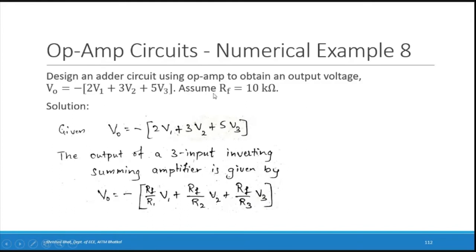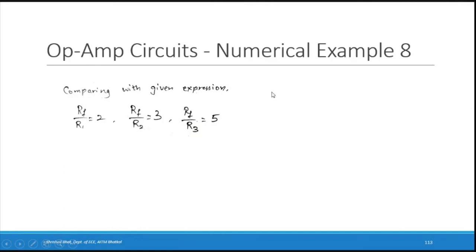What is given? You are asked to assume RF is equal to 10 kilo ohms. So if you put RF is equal to 10 kilo ohms, you can get the values of R1, R2, R3. Just rearranging this, you can write R1 is equal to RF by 2, R2 is equal to RF by 3, R3 is equal to RF by 5.